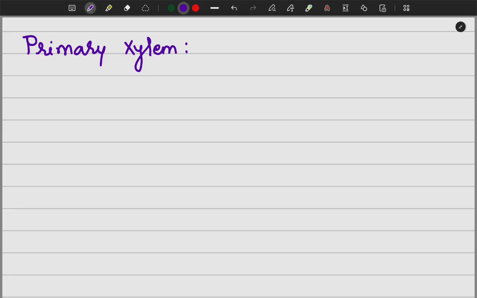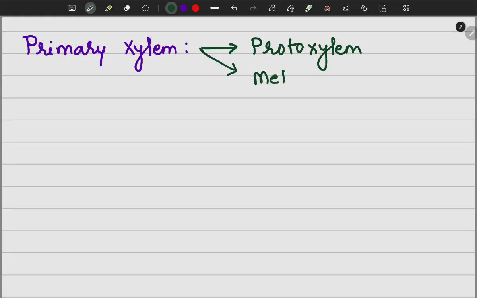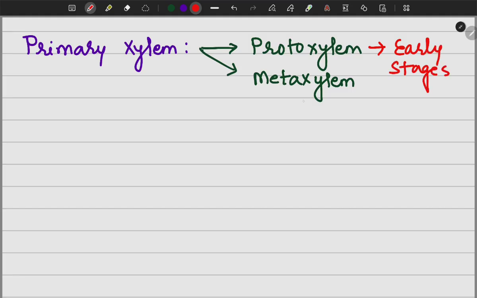So if we talk about the primary xylem, then it is of two types: protoxylem and metaxylem. So protoxylem is that xylem which is formed during the early stages, and metaxylem is that xylem which is formed at the later stages of plant growth.